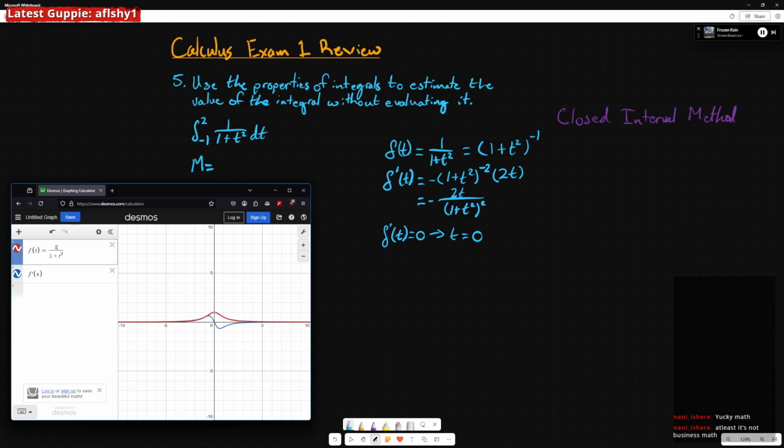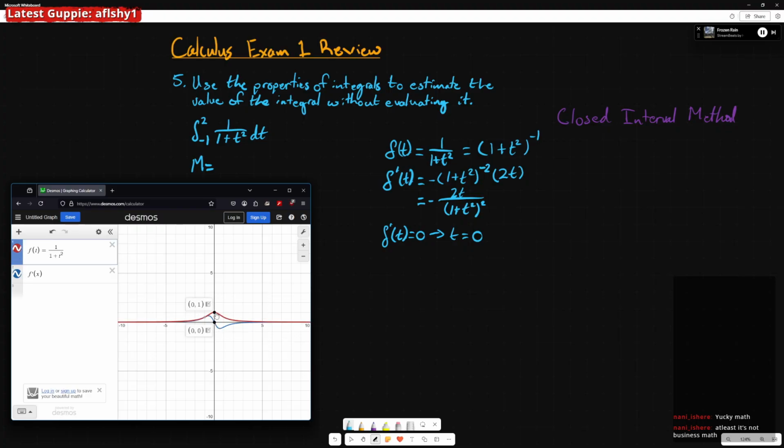Then if I do f prime of x, which I can also do to make sure my function is correct, so 1 plus t squared, squared, I can do negative. And there we go. It matches, which means that I did my derivatives correctly, which is good.